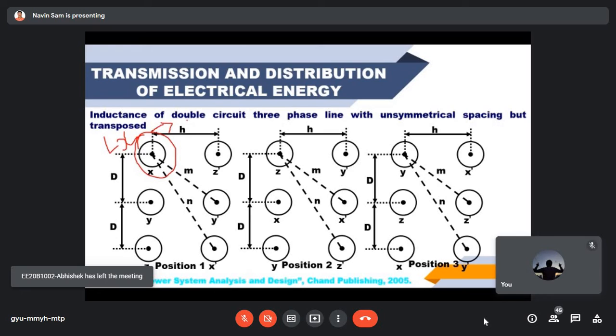We all know that the current flowing through conductor X and X dash is Ix. The current flowing through Y and Y dash is Iy. The current flowing through Z and Z dash is Iz.